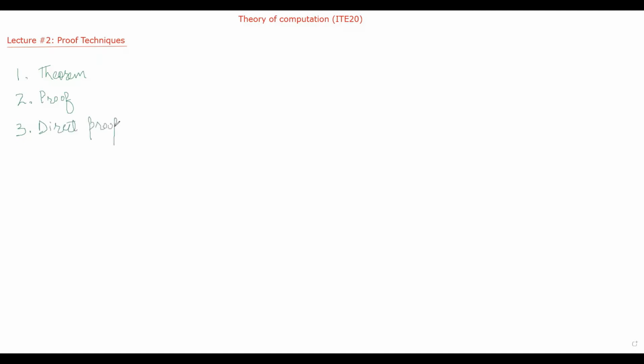In the direct proof, we said that if we have to prove a statement like this, if P then Q, what we are going to do in this technique is assume P is true, then prove Q is true. This was the first methodology.